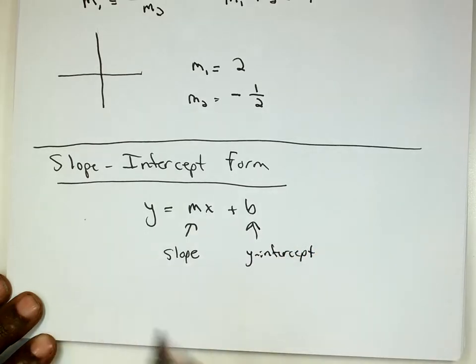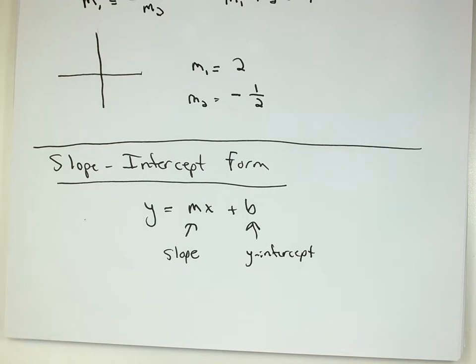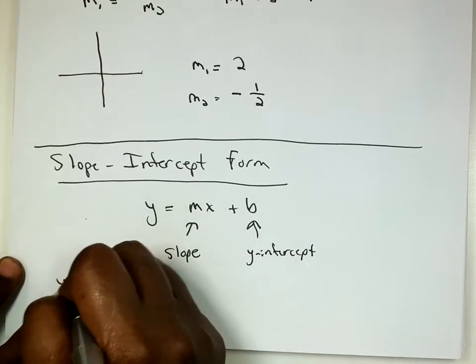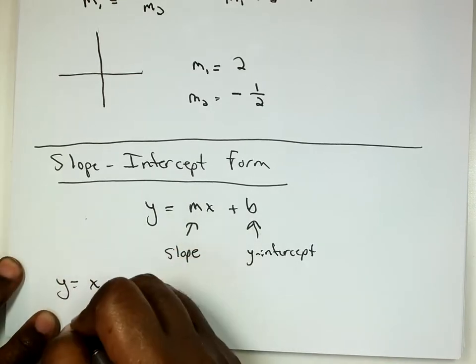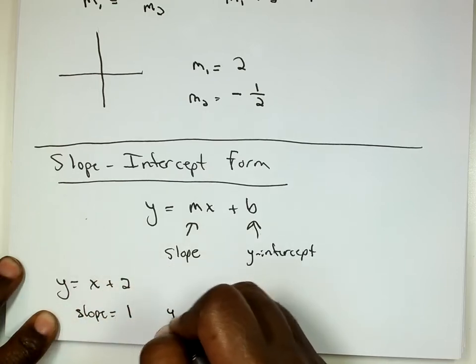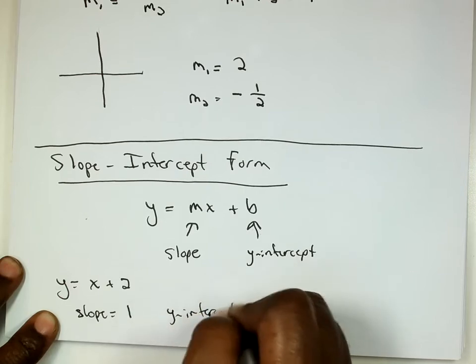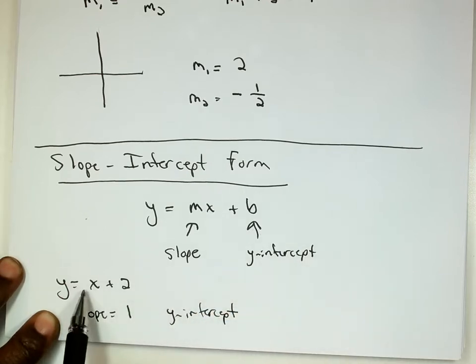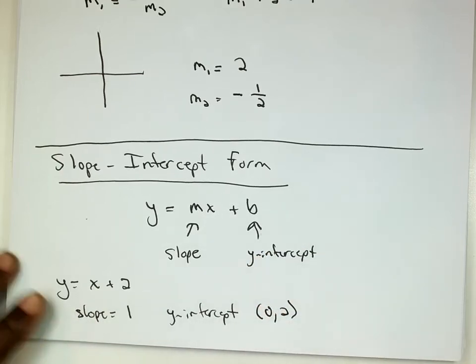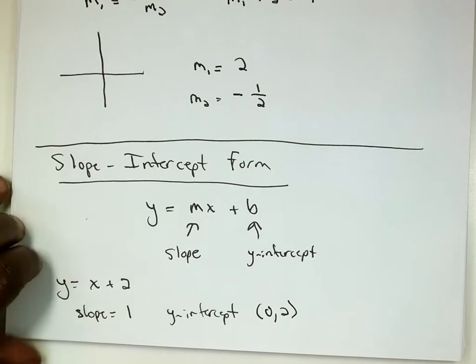So the line I did for parallel, when I had y equals x plus 2, I knew that it crossed the y-axis at positive 2. So just to write that out, the slope was 1 because there's no coefficient, so it's understood to be a 1. And the y-intercept, written as an ordered pair, would be 0, 2. So that's slope-intercept form.